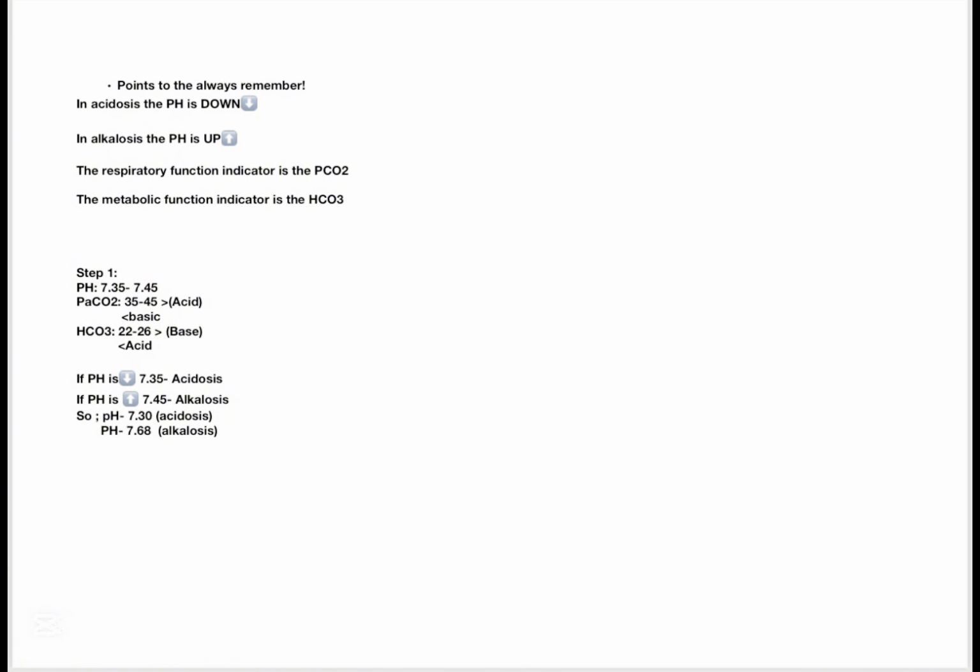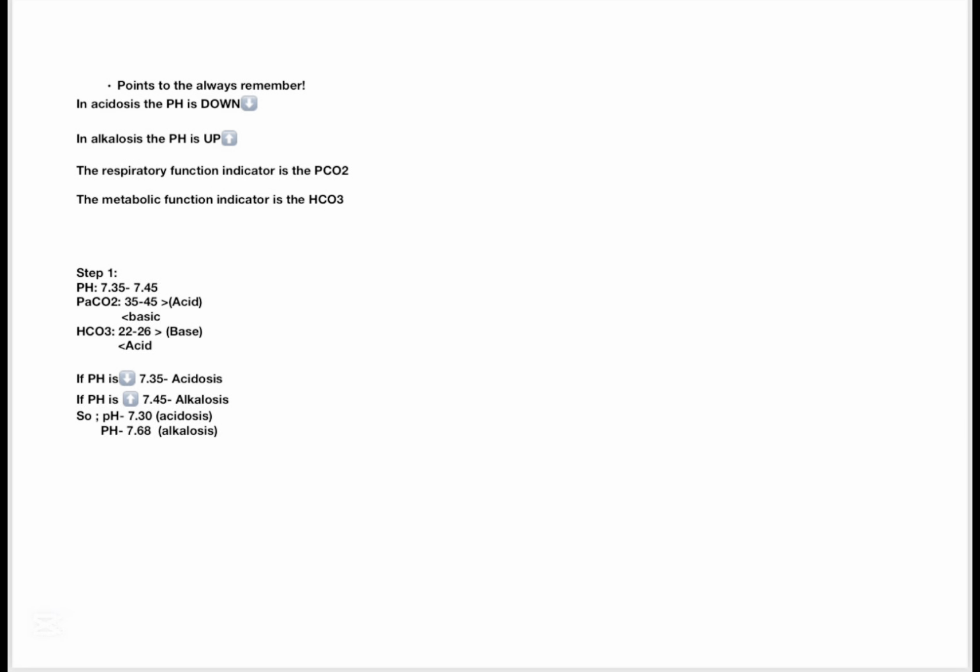The more CO2 you have, the more acid you have. So if the value gets above 45, the body is more acidic. If it goes below 35, the lower range of the value, the body is going to be more basic. Because more of it means there's too much acid, and if it goes lower than 35, that means you are losing that acid. So what are you going to be left with? Base. Higher than 45 is said to be acidic. Lower than 35 is said to be basic.